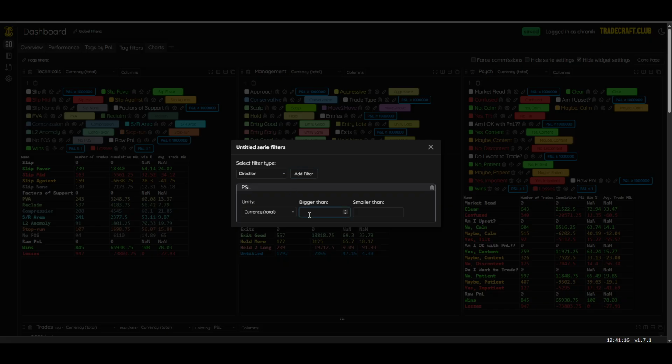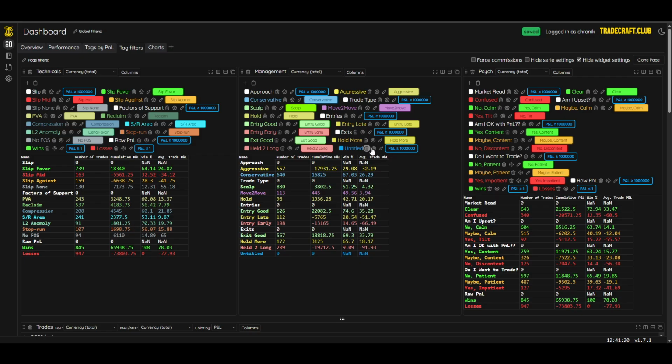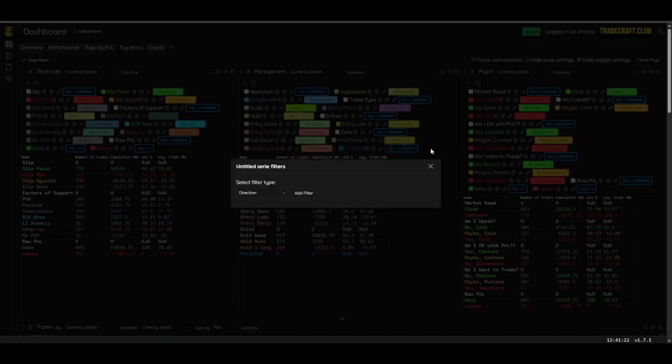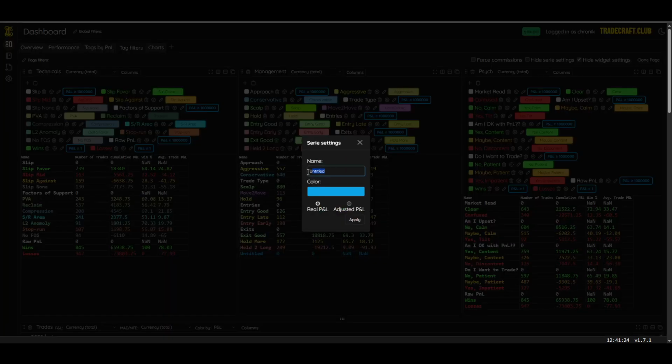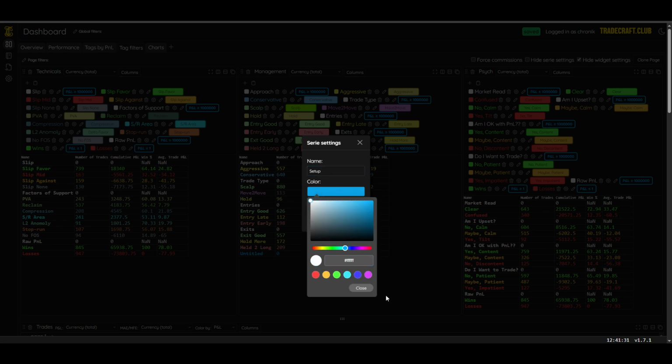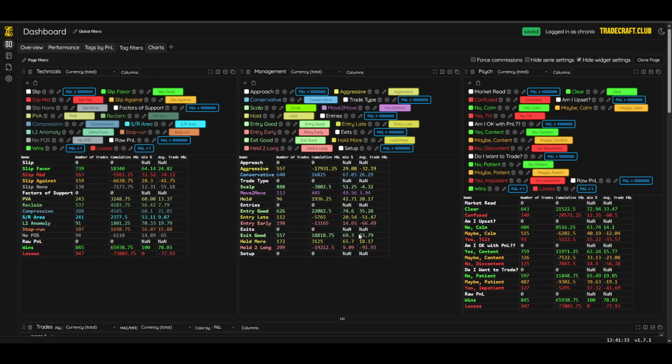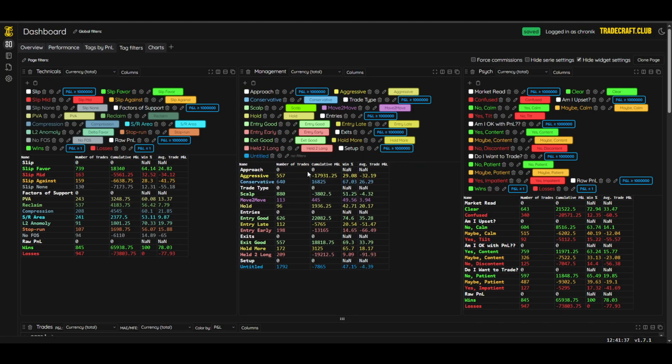So, and then I got the open close. So again, you're going to make your technicals tag. Make this lighter gray.